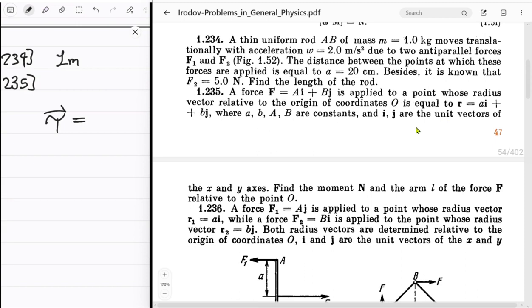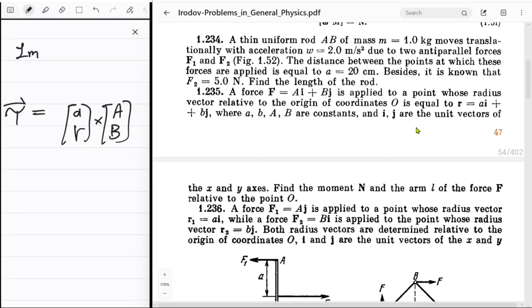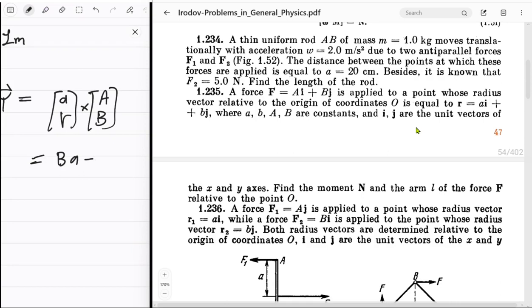So this A comma B cross the F vector, which is capital A comma capital B. That is equal to BA minus BA, right?